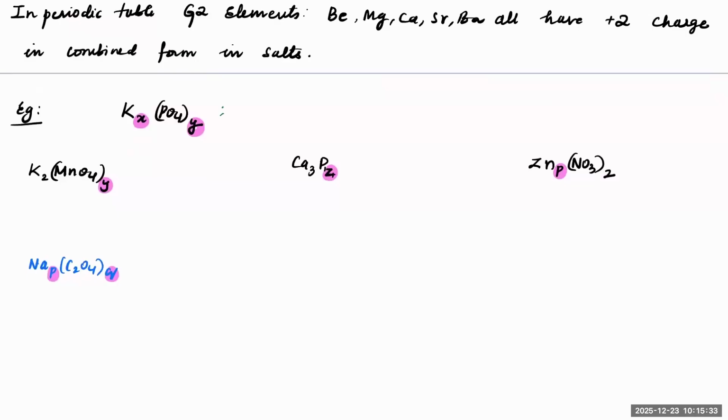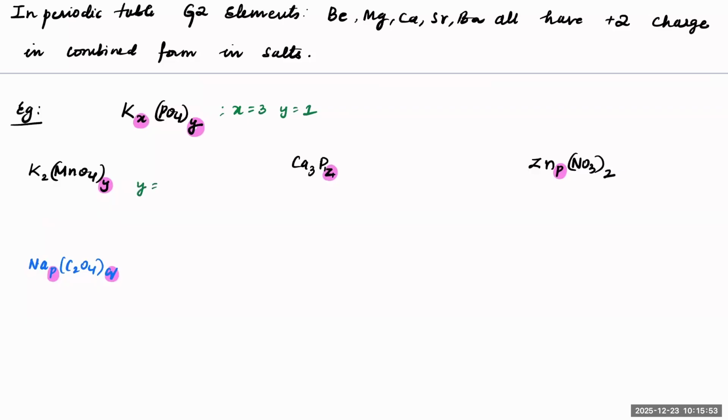In the first case, x is how much? 3 and y is 1, because phosphate overall will be -3, potassium is overall +1. Cross multiply that. Here, potassium overall is +2, so MnO4 has to be -2.